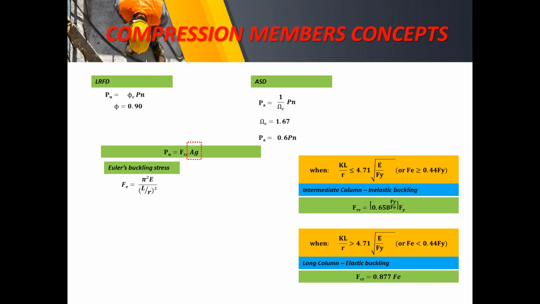So in the design, we need to compute the required Ag because we have a given loading.